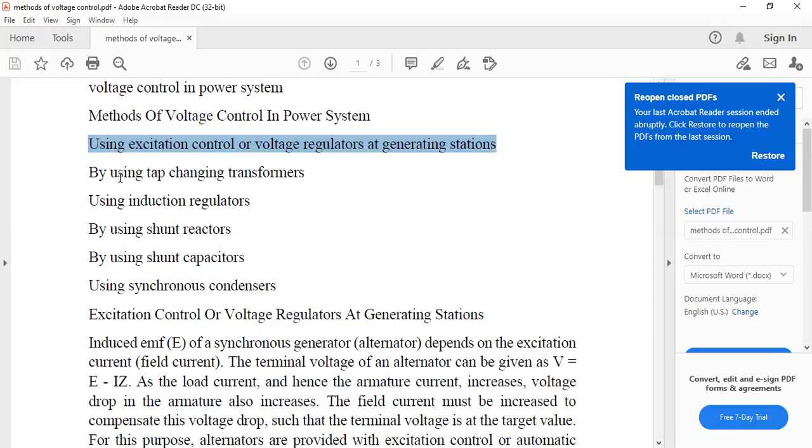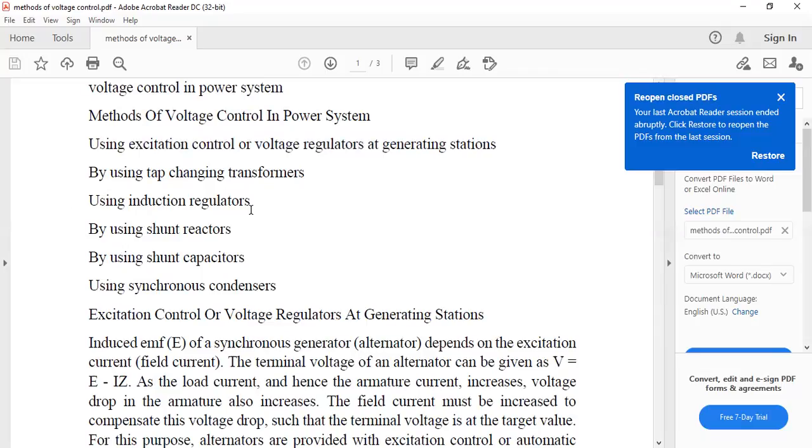In tap changing transformers there are two types: one is on-load tap changing transformers, and the other is off-load tap changing transformers. Both are used on the transmission side.